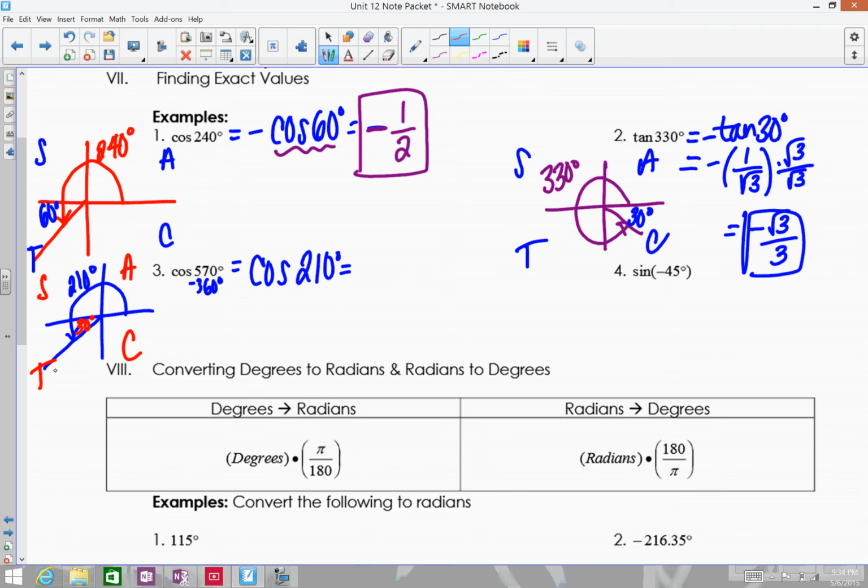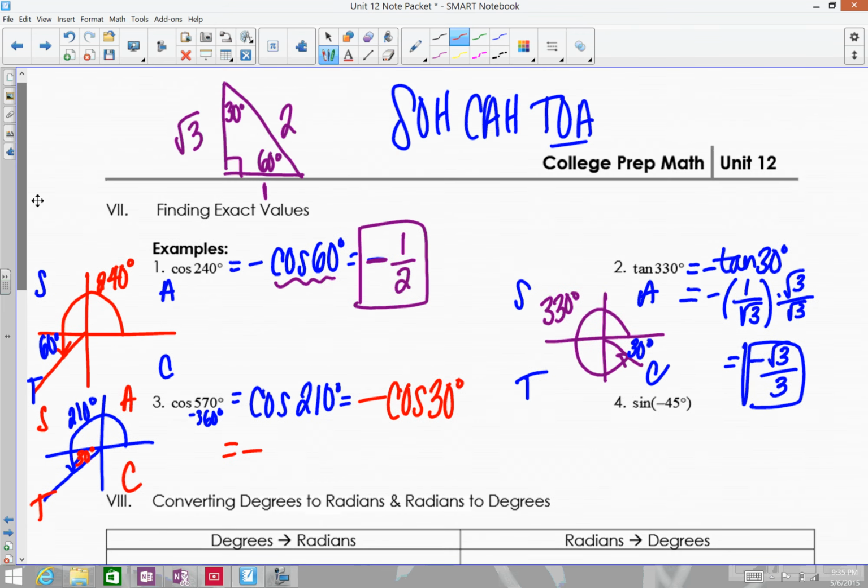Since this is cosine, that means it's going to be a negative, because down in the third quadrant it's tan. Negative cosine of 30 degrees. So we keep the negative. Cosine of 30, so if we look back up here, cosine is adjacent over hypotenuse, so radical 3 over 2.